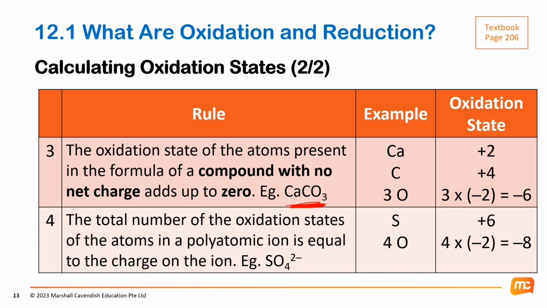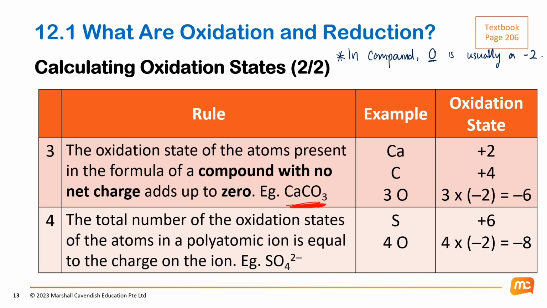2 very small rules. Number 1, just write it down into your notes, alright? So in a compound, oxygen is usually -2 for the oxidation state. Right, so if you have a compound, the oxygen atom is usually a -2.